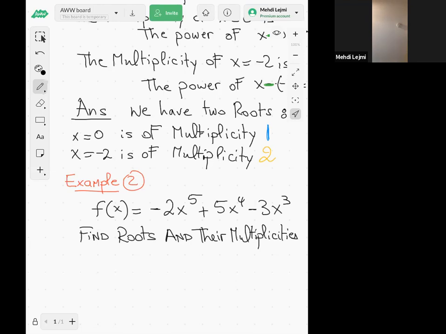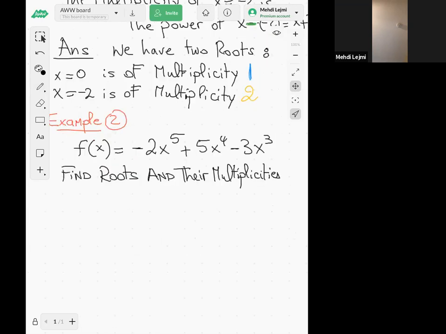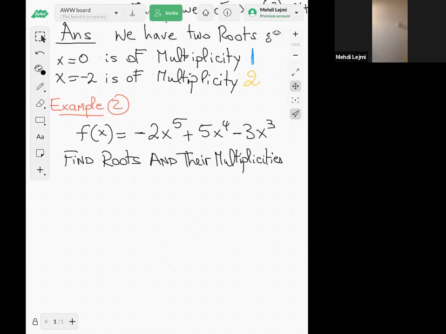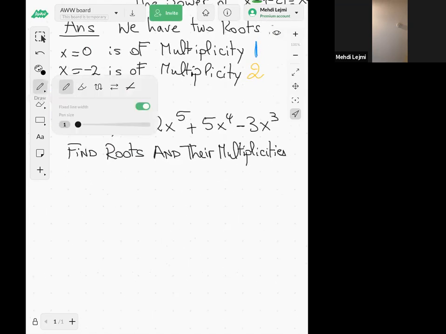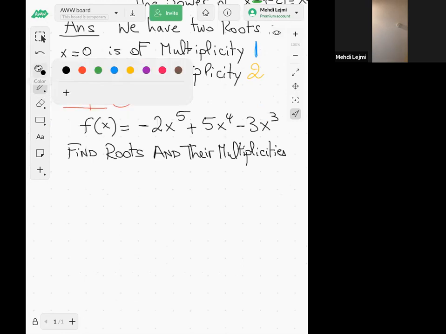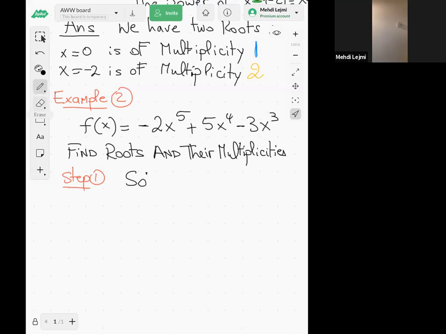Right? So we said step 1, we want to find the roots. So step 1, you have to solve f of x equal to 0. So we want to find the roots.